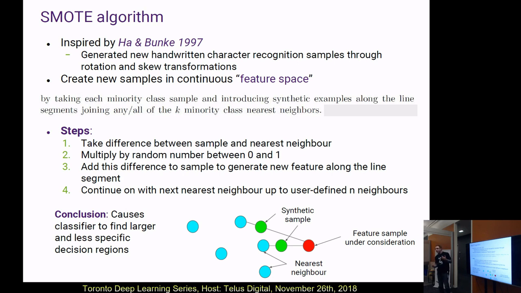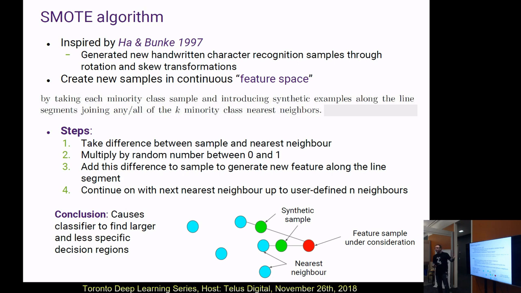I think it's a very novel way of dealing with this problem, and you're enforcing that these new synthetic samples are still within that nicely clustered feature space, because they're forced to be along that line segment between the 2.